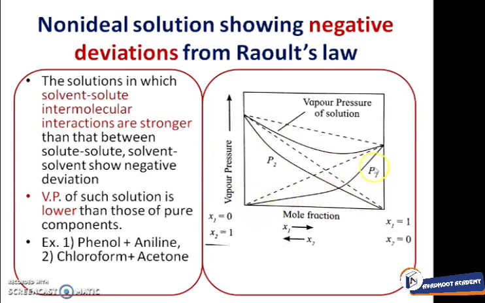So this solid line also shows the negative deviation of the partial pressure of component A1 as compared to the partial pressure of component A1 when it shows ideal behavior. So in this way, there is a possibility of negative deviation and positive deviation for a non-ideal solution.